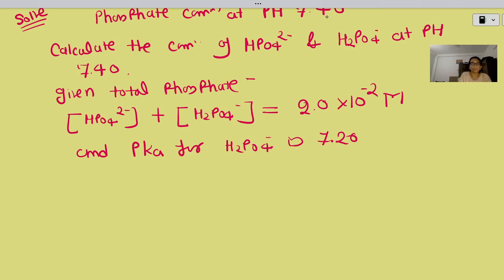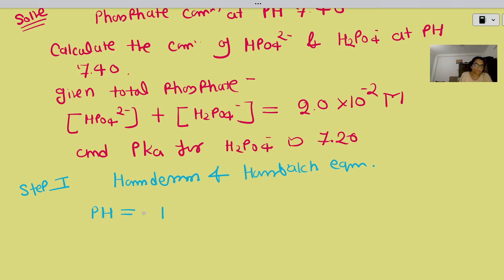For this calculation, we have to follow some steps. In step number 1, first we write the formula for the calculation of the pH value. That is the very popular formula for this type of calculation, the Henderson-Hasselbalch equation.